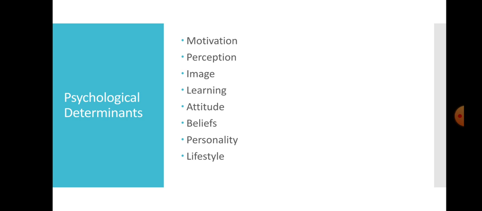Whenever any need arises to a human being or a consumer, he makes an effort to satisfy it. A leading psychologist, Abraham Maslow, devised a need hierarchy theory of human beings.